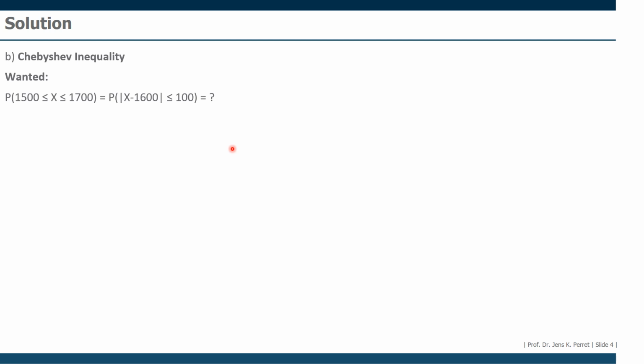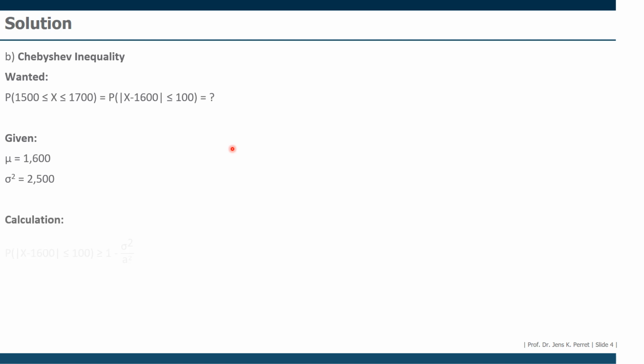I'm going to use this way of writing it because this is actually what the Chebyshev inequality requires. In addition to this, what I also know is on the one hand the average of 1,600 and the variance of 2,500.